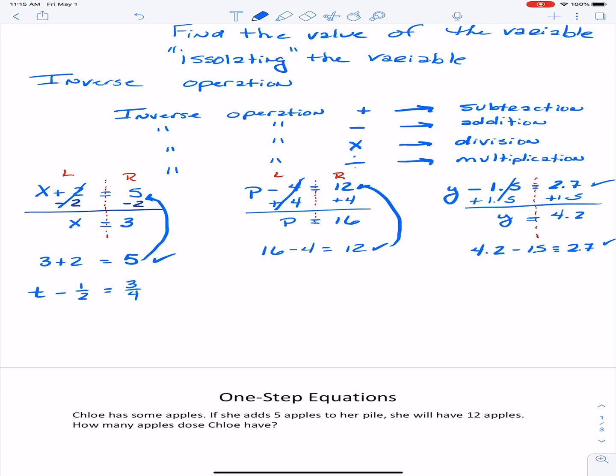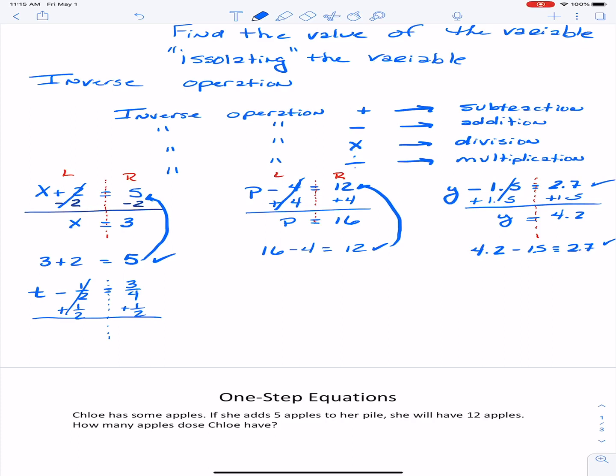I'm looking at two sides of my equation. On this side, 1/2 is being subtracted from t. So the opposite of -1/2 is going to give me +1/2. And because I added 1/2 to one side, I'm going to add it to the right side.